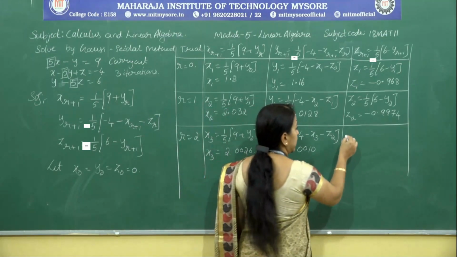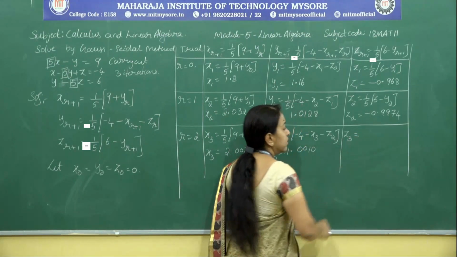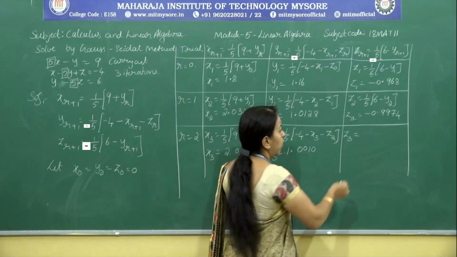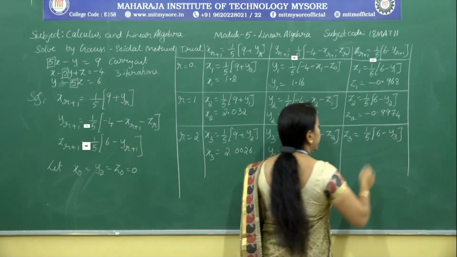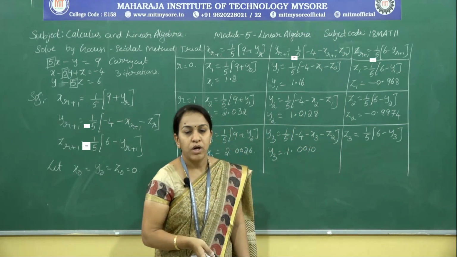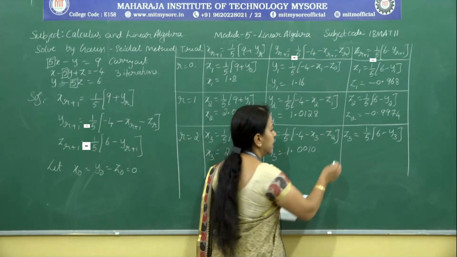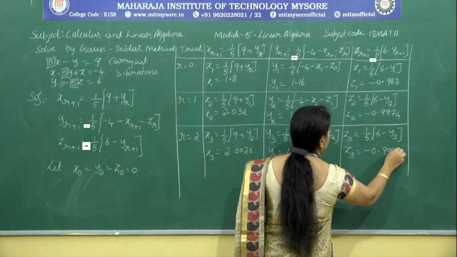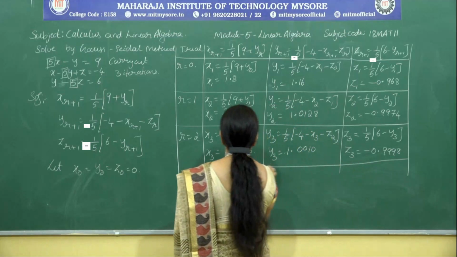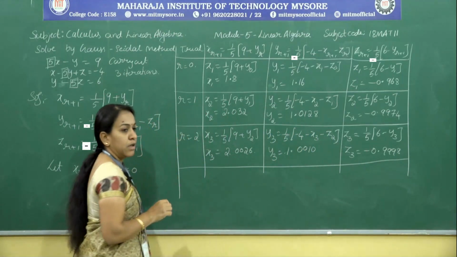The next one is z3, 1 by 5 into 6 minus y3. If I substitute the corresponding y3 value, then I will get z3 equal to minus 0.9998. So that completes our required trials.